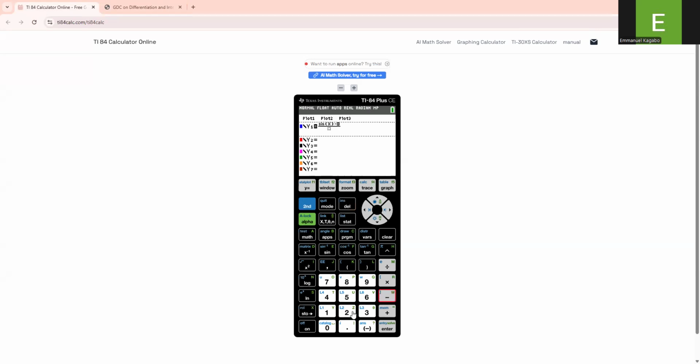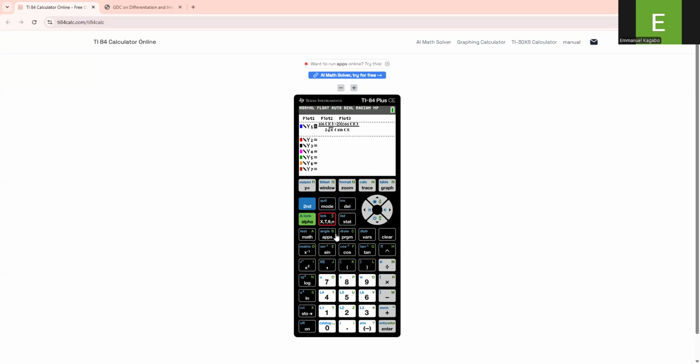Okay, minus 2x cos x. Close the brackets, then move down. What did I have there? I have 2 square root of x. Then I can open the bracket here, put there sine x, and sine x is squared, by the way.